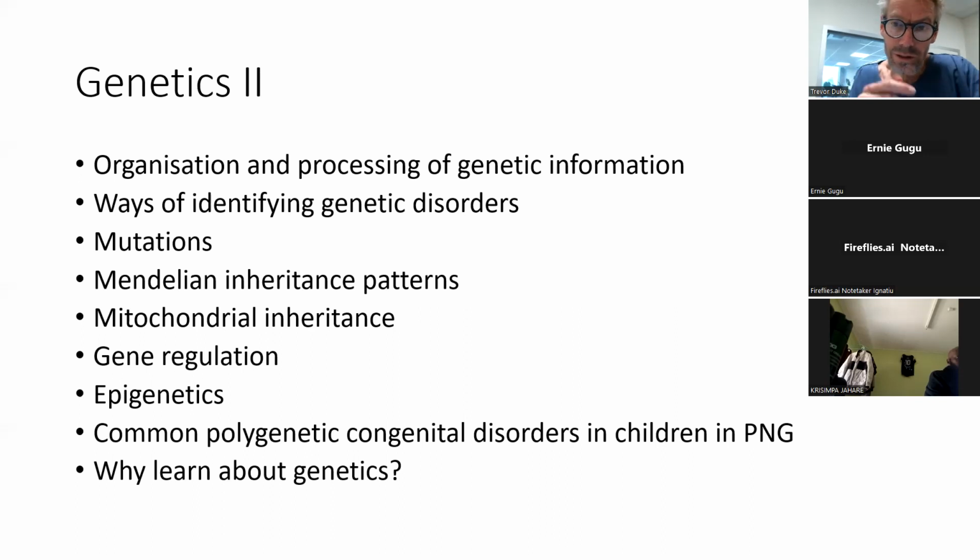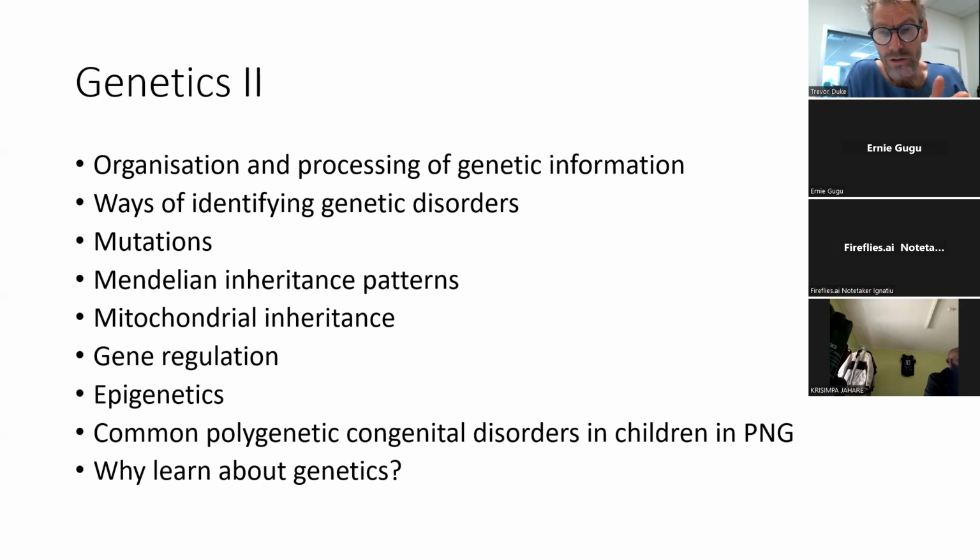And I'll talk a bit more in detail about these single gene defect Mendelian inheritance patterns, because these are the sorts of things you need to know about: autosomal dominant, autosomal recessive, X-linked conditions, etc. I'll briefly mention mitochondrial inheritance, because there are genes, of course, both in the nucleus but also in the mitochondria, and mutations in those genes can code for certain diseases. And I'll just briefly mention that.